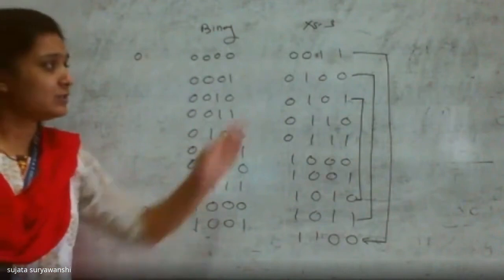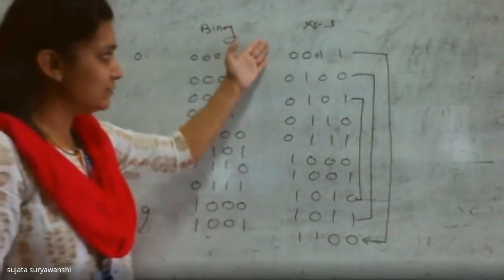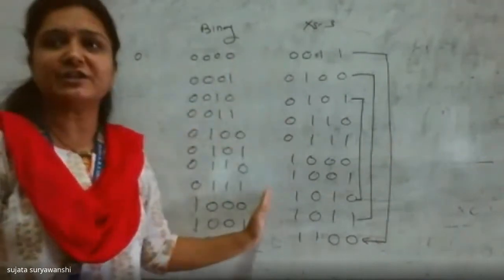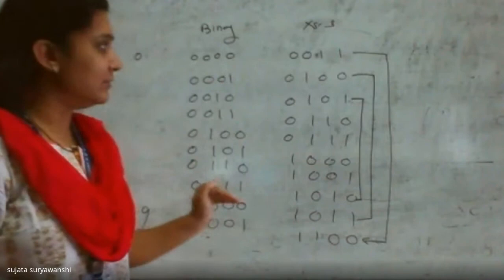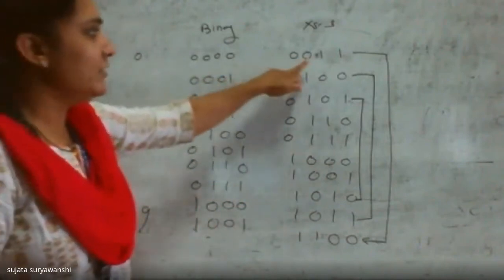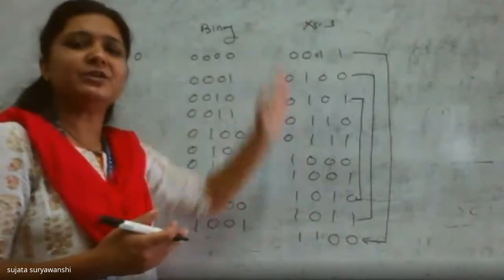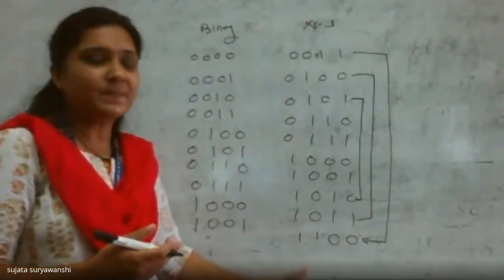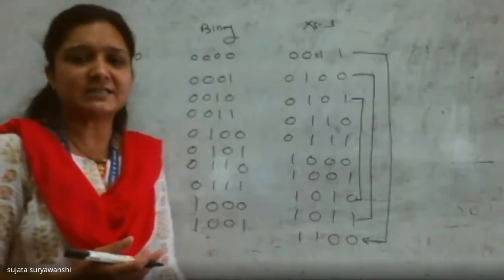Understood? Just look at this table and you'll be able to understand why it is called a self-complementary number system. When you take the one's complement of the first number, you'll get the last number. When you take the one's complement of the second number, you'll get the second last number, like this.